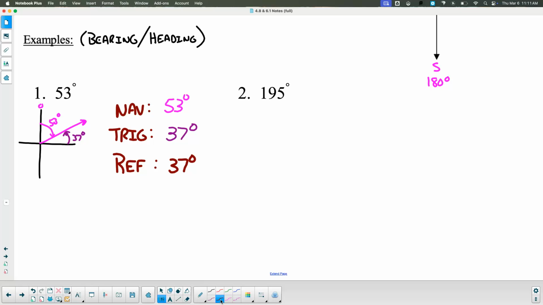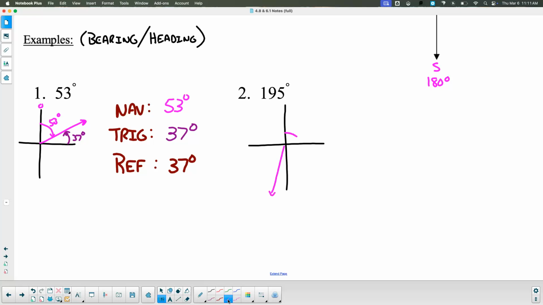Let's switch to 195 degrees here now. Which quadrant would 195 degrees be in? Quadrant 3. Closer to the vertical of quadrant 3 or closer to the horizontal of quadrant 3? Closer to the vertical, so somewhere down in here.